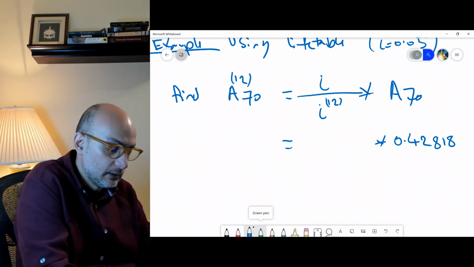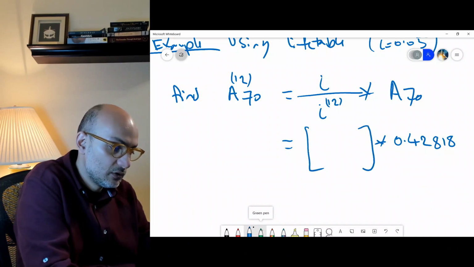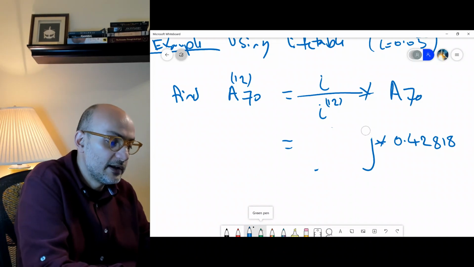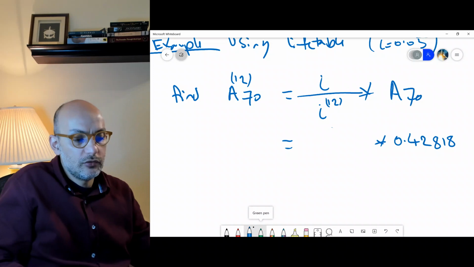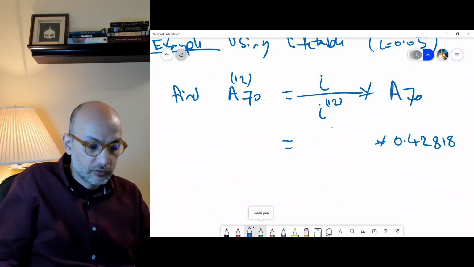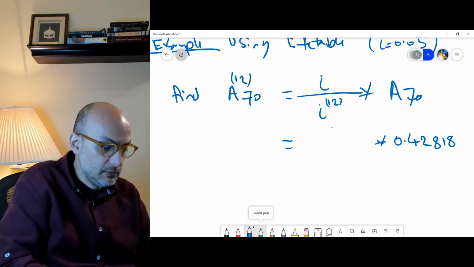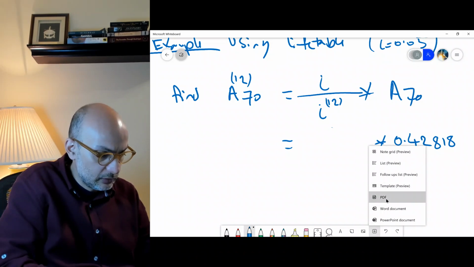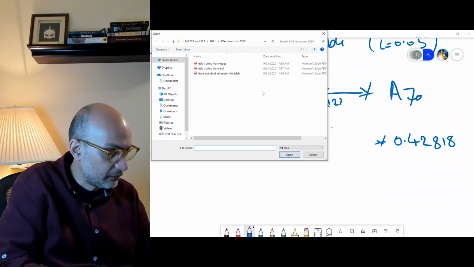Now this i over i^(12), you can compute it like what we did above, or it is also given to you in the life table. So let me show you. Remember the life table, if you go to your life table, let me go back to all of them.